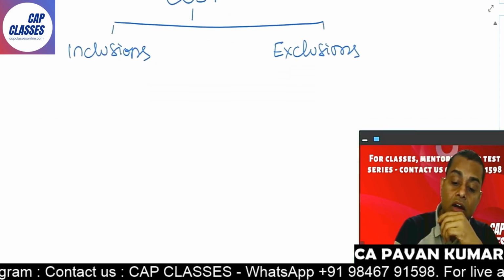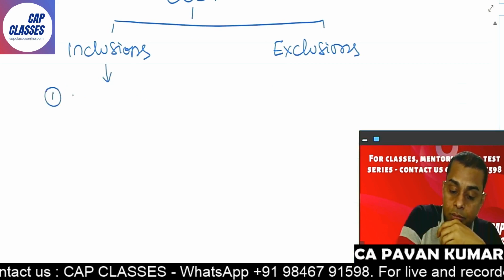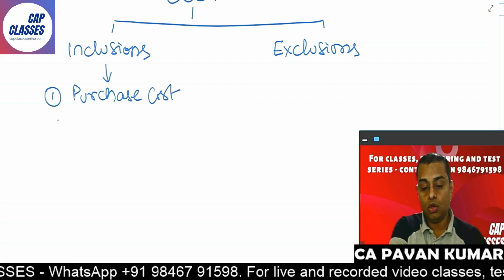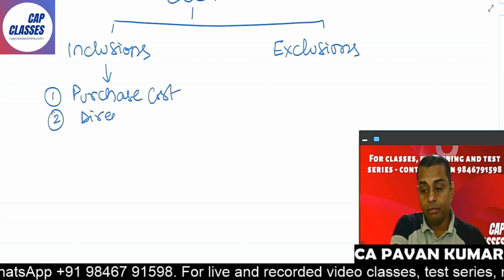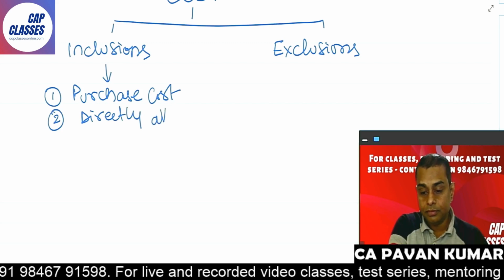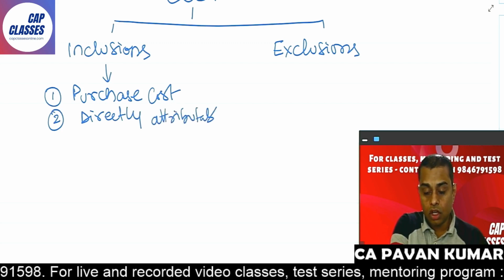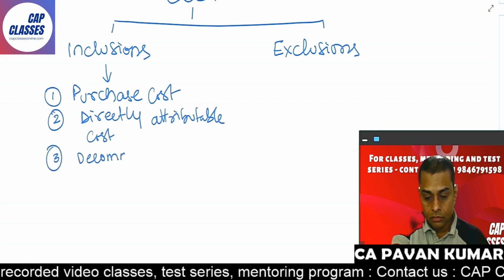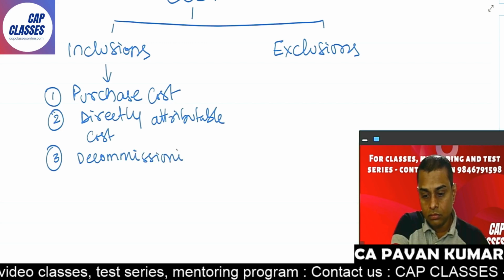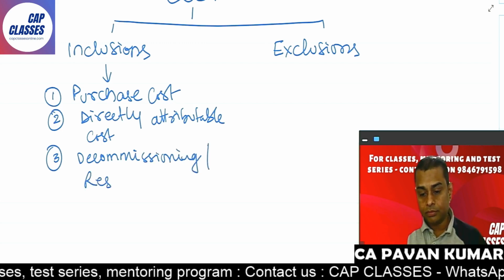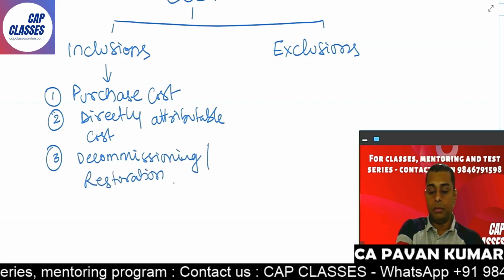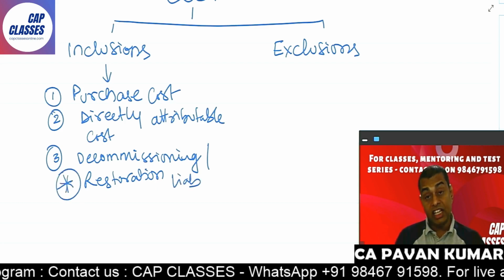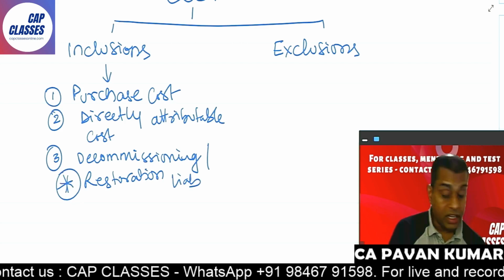Oh my god. 1, purchase cost. 2, directly attributable cost. 3, decommissioning or restoration liability. Put a star mark on the third one because you might never have seen what this is in your previous studies, I'm sure.